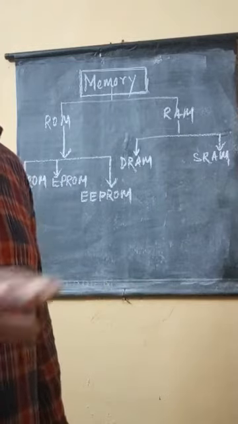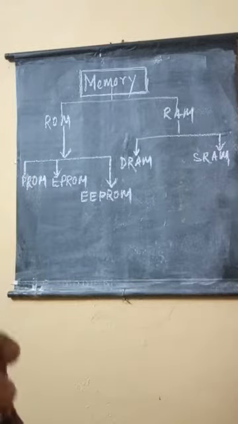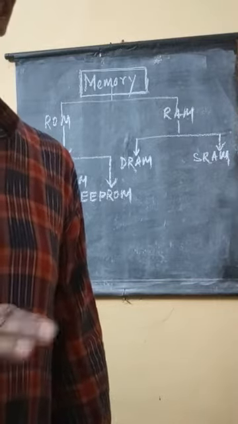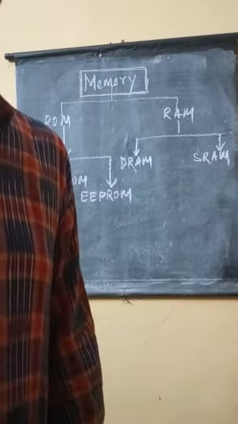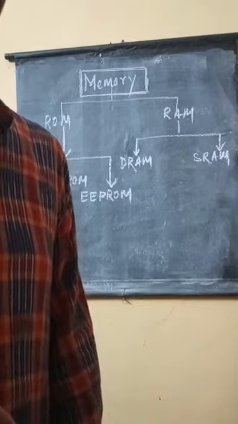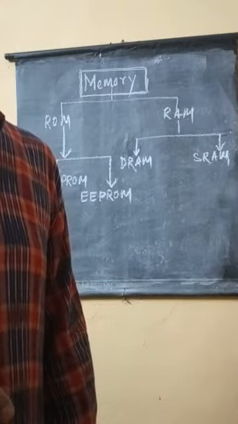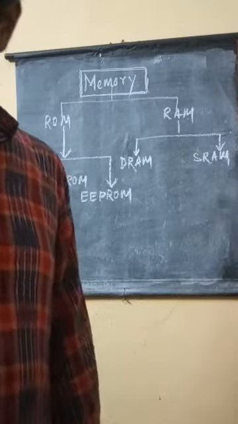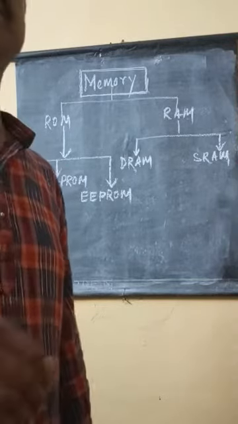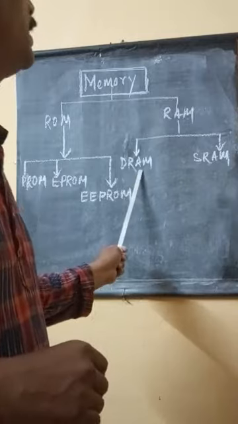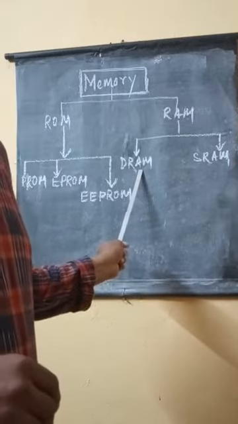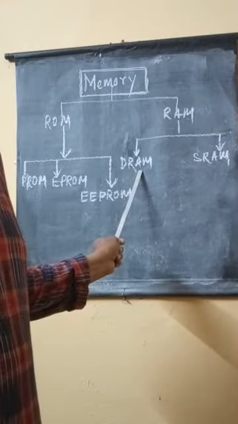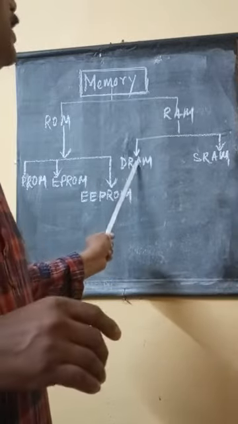So every few milliseconds it refreshes automatically. Otherwise, it will erase. And DRAM is mostly used for system memory because it is cheaper and has high storage capacity. That is why we mostly use DRAM for system memory.